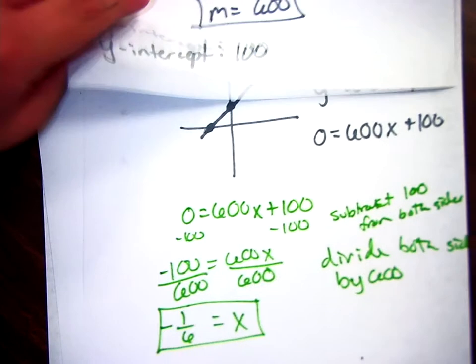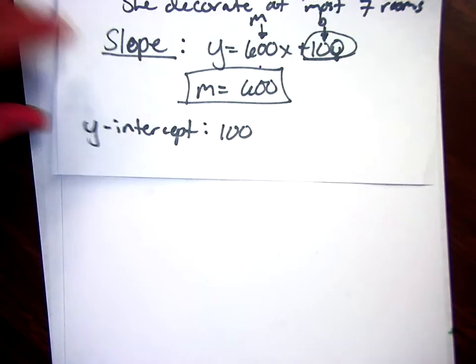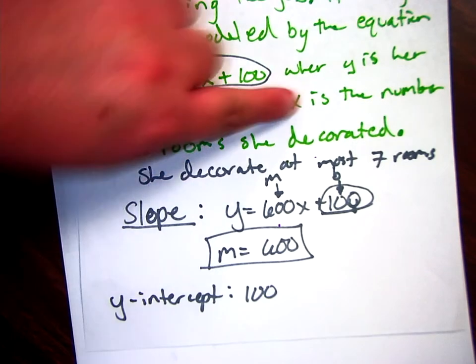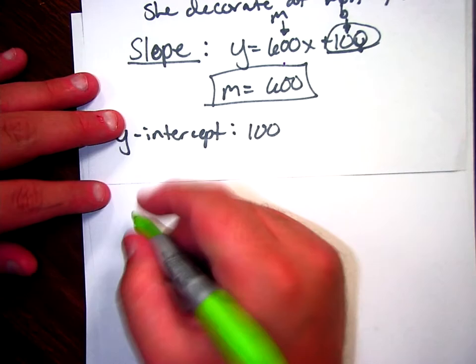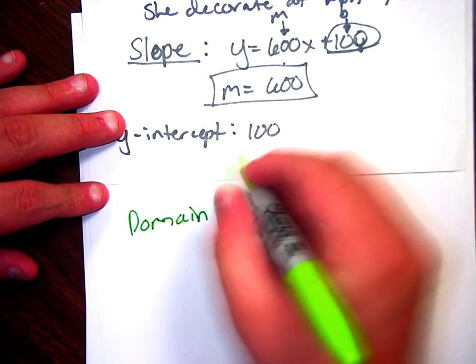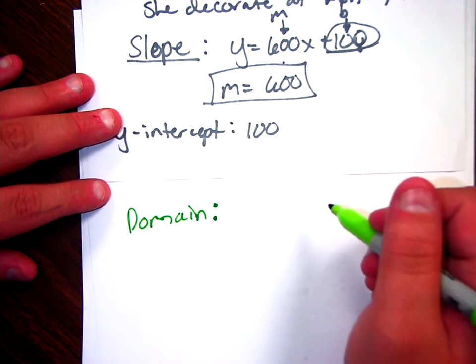Let's start with domain. Looking at the problem, domain is going to be the number of rooms. Y is total pay, and x is the number of rooms she has decorated. Domain is all your x's. How many rooms can she decorate?